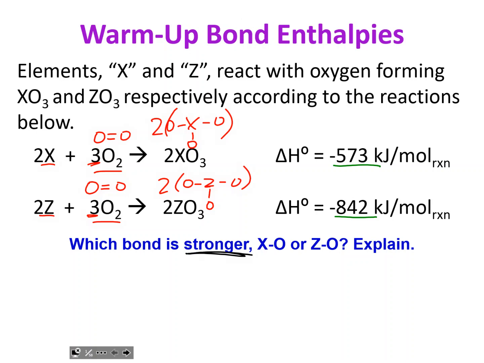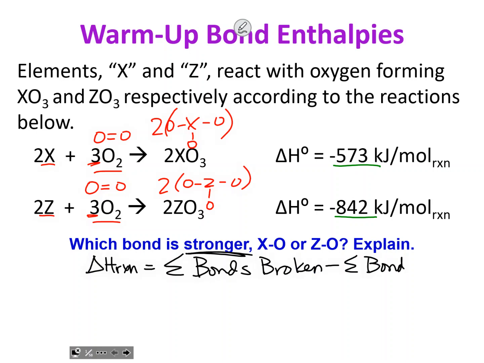I'm looking at bond energies, or bond enthalpy. So I'm looking at my formula here: delta H reaction equals the sum of the bonds broken minus the sum of the bonds formed. And this is what they would want you to cite in your answer, that particular equation.